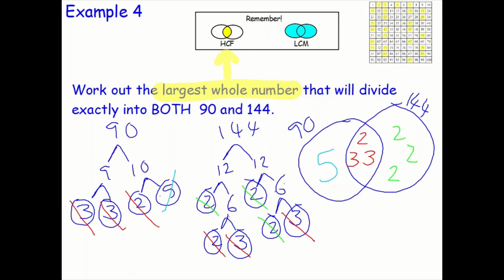But we know from the question, work out the largest whole number, which is code for HCF. So I'm just going to be doing 2 times 3 times 3, which is 2 lots of 9, which is 18. So 18 is the highest common factor of those two numbers.